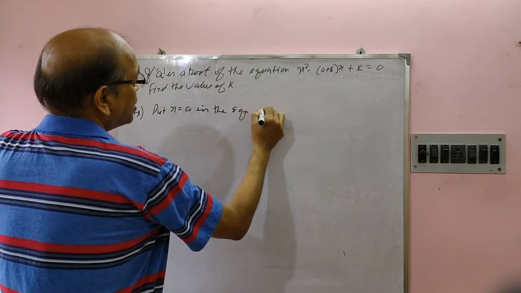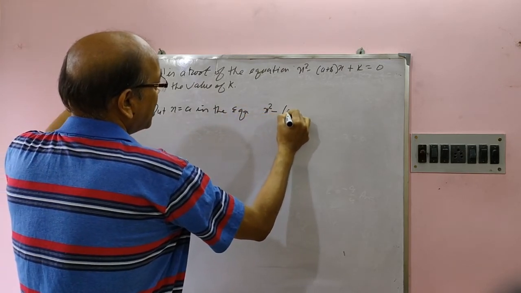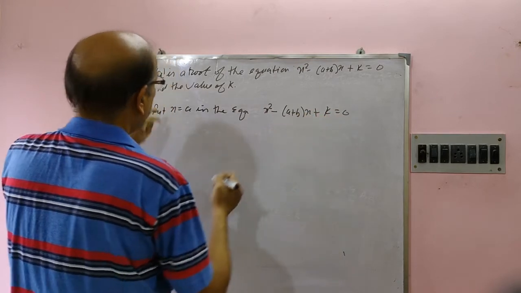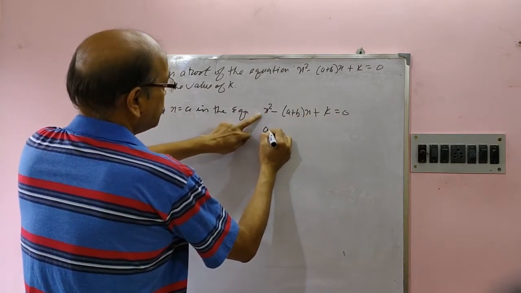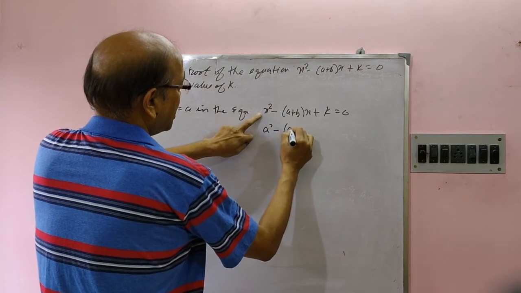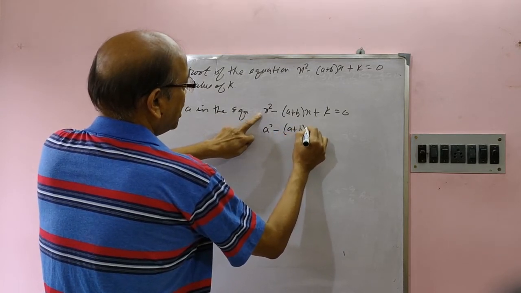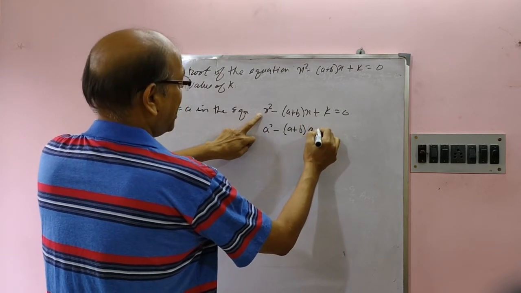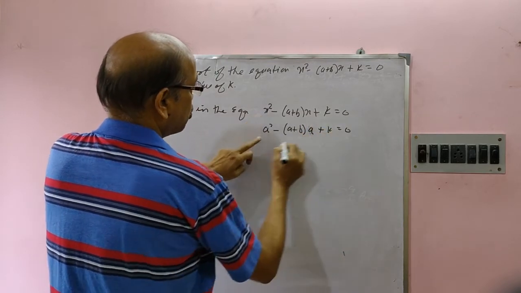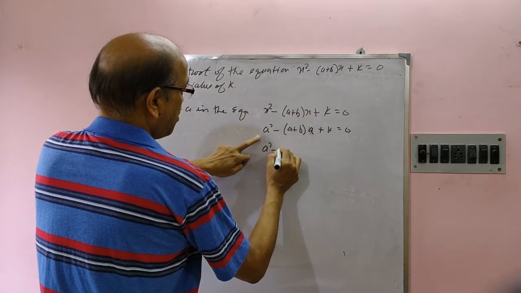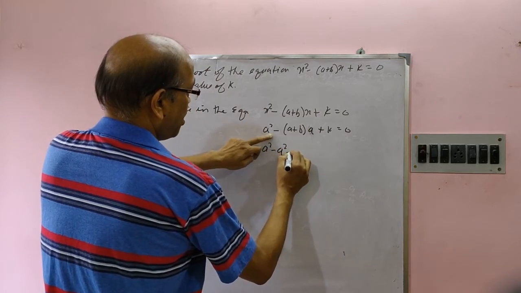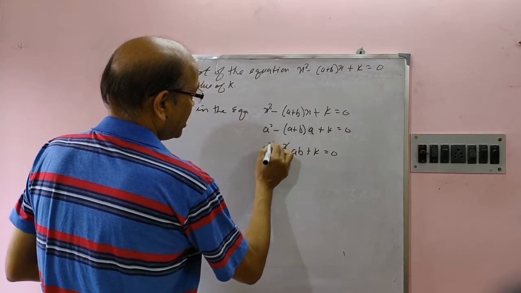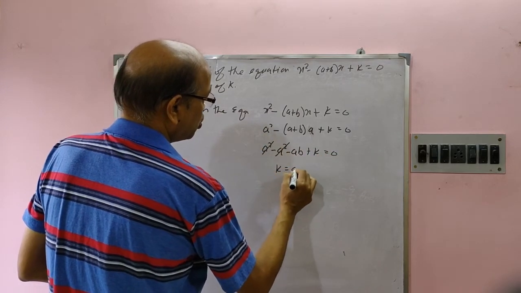What is the equation? x square minus (a plus b)x plus k equals 0. Put x equals a, so this becomes a square minus (a plus b) into a, plus k equals 0. Therefore this is a square minus a square minus ab plus k equals 0. This gets cut, or k is equal to ab.